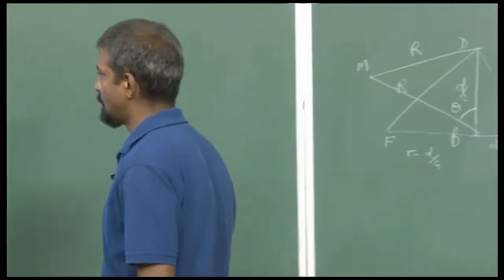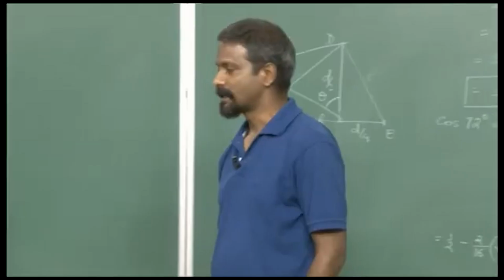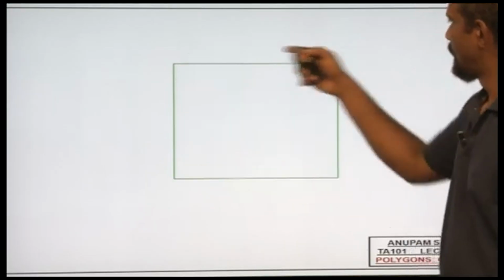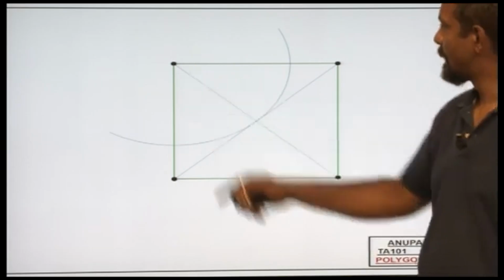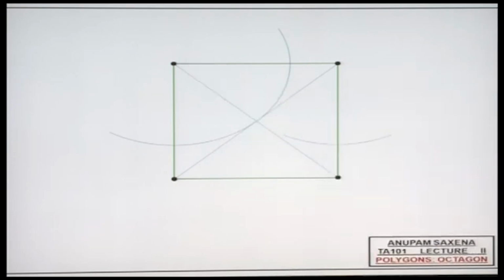So these 5 vertices will essentially be a part of this pentagon. How would you construct an octagon? All right. So let's say you have a square of equal dimension sides. Draw 2 diagonals, and indicate these vertices. From this as center and this length as the radius, draw an arc.